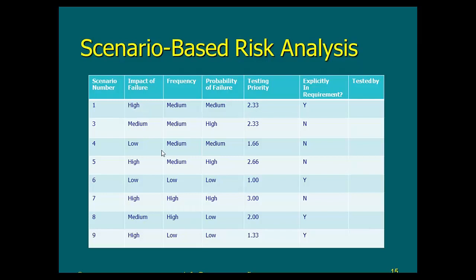High means 3, medium means 2, low means 1. So 3 plus 2 plus 2, that's 7 divided by 3, it gives you 2.33, and so on. All right, so here, for example, 3 plus 1 plus 1, that's 5, divided by 3, that's 1.33. And you'll use this number as your testing priority.